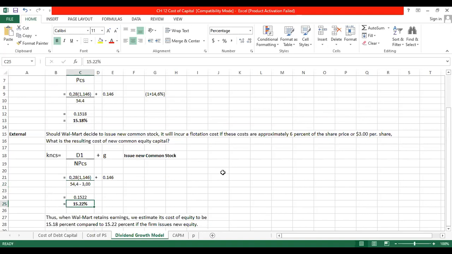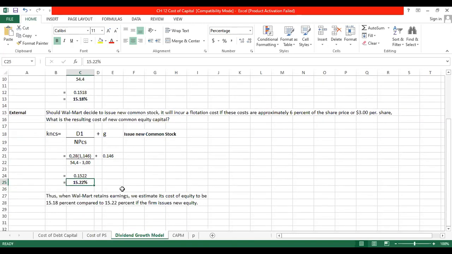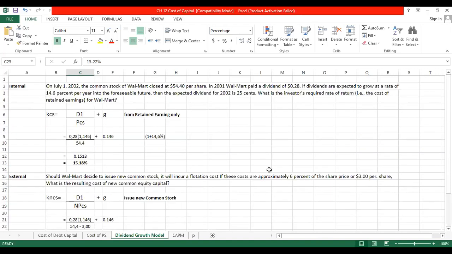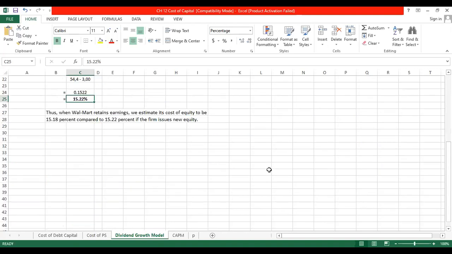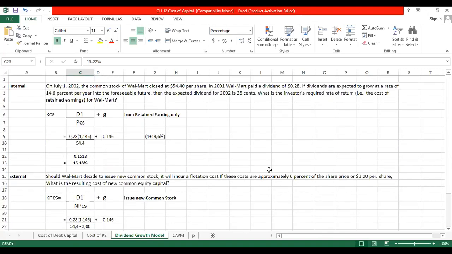This is 15.22%. So this is the cost. It's almost the same because the flotation cost is not really high. Okay, I'm going to share this with you through Telegram after this.